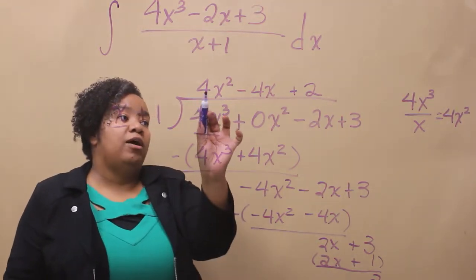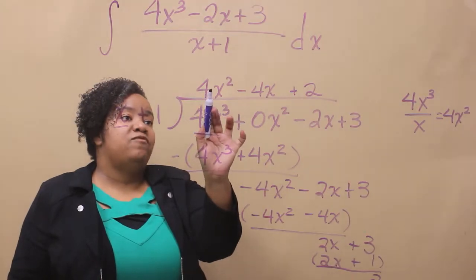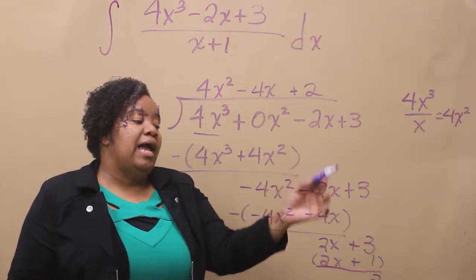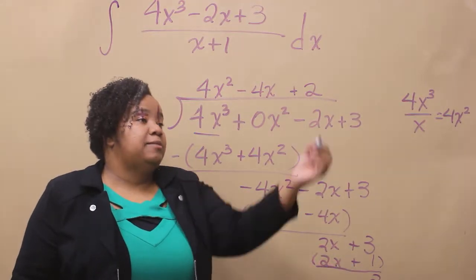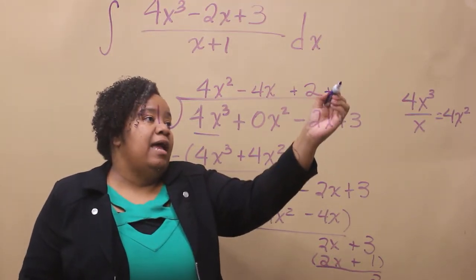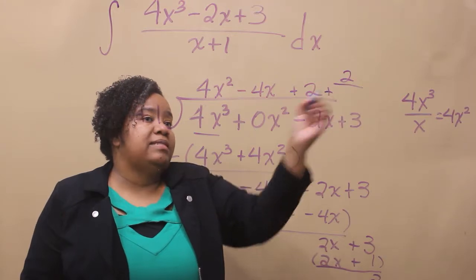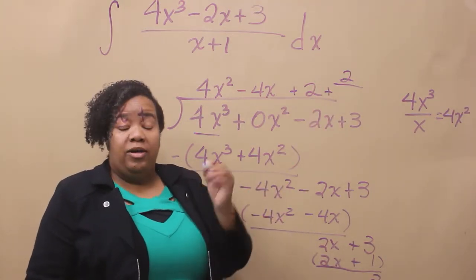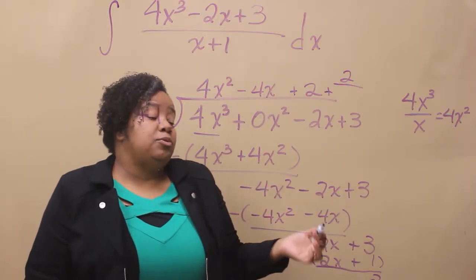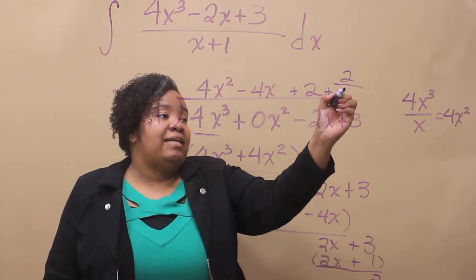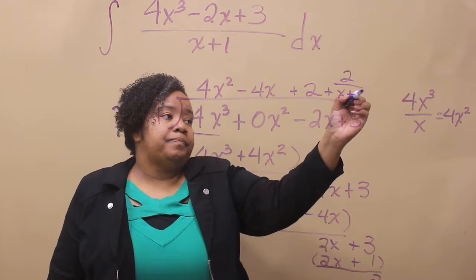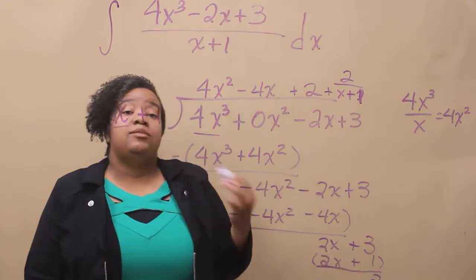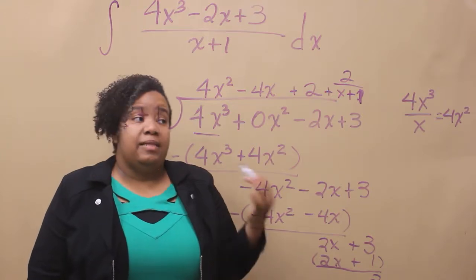So far, up top, we know we have 4x squared minus 4x plus 2, and then with this remainder, it's positive, so I'm going to add it on. If we could, we would go a step farther and divide the entire x plus 1 into it. We can't, so we'll just write it that way. So our remainder is 1 over x plus 1. That's the last term.